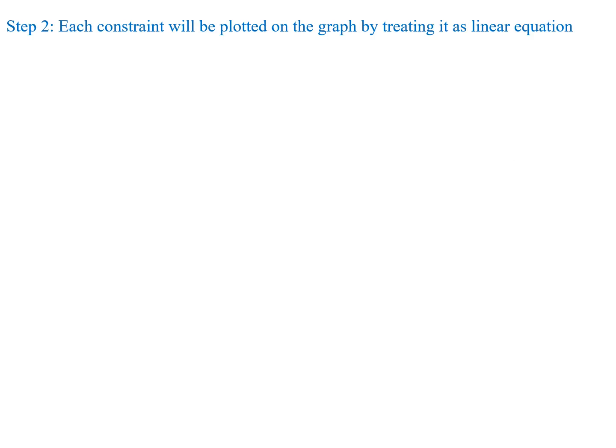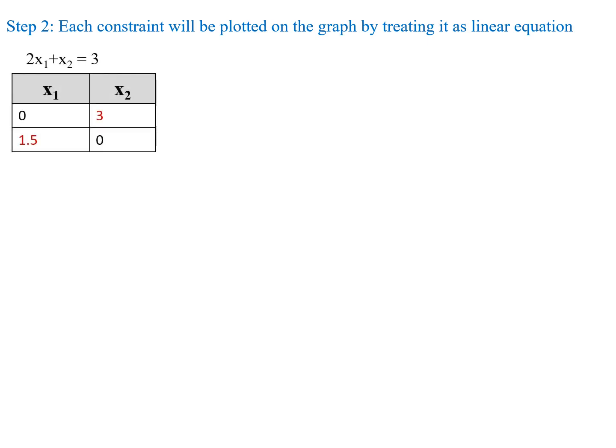Second step is each constraint will be plotted on the graph by treating it as a linear equation. The first constraint equation is 2x1 plus x2 equal to 3. For this, first we have to find the coordinates. Let us assume x1 equal to 0 and substitute in the above equation, x2 will become 3.